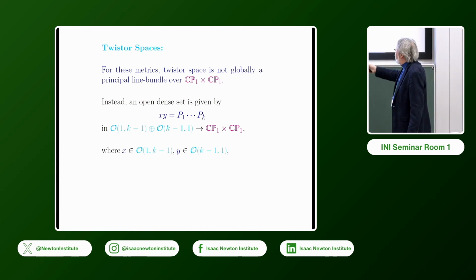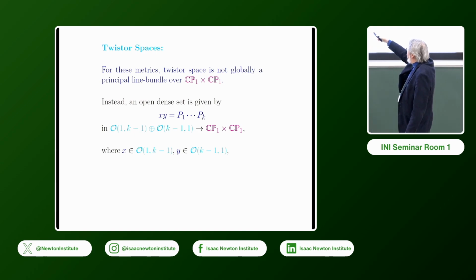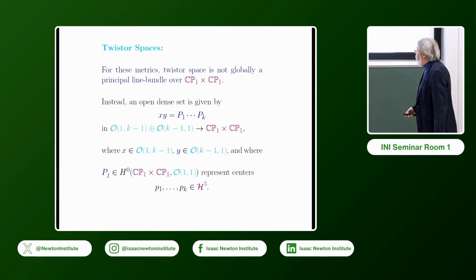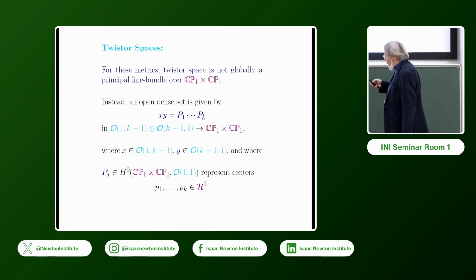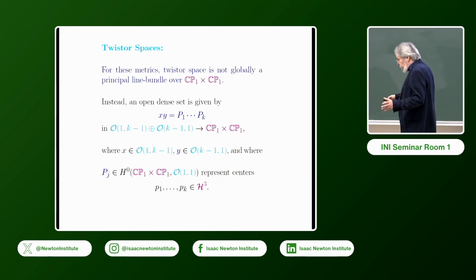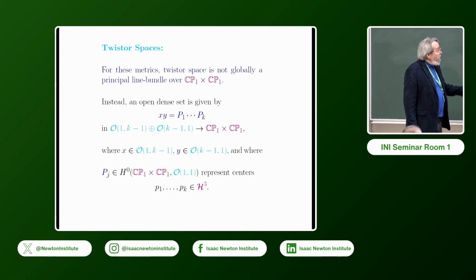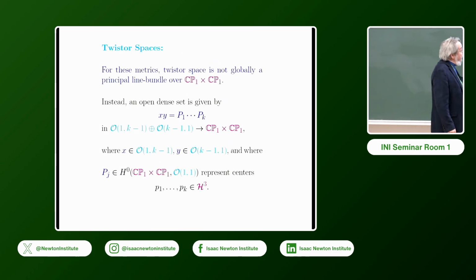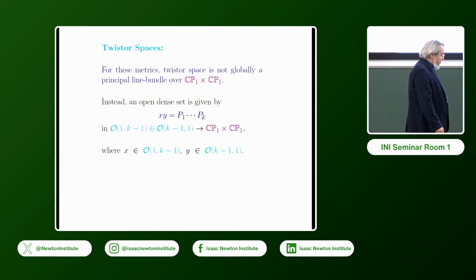Each of those terms is just a section of O(1,1) representing a point. It vanishes at a mini twistor line. So you take the product of the k mini twistor lines of those points, and that gives you a very concrete model.